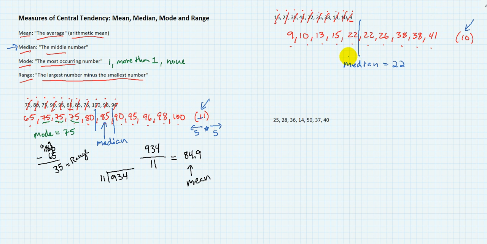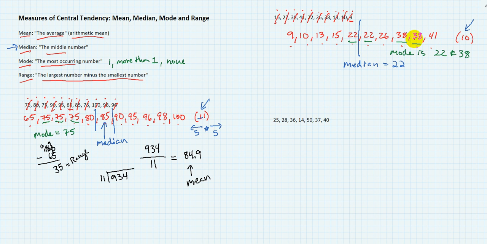To find the mode, we can quickly see 22 is twice, but then 38 is twice. So I would write that the mode is 22 and 38. Those are the two most occurring numbers in our set there.